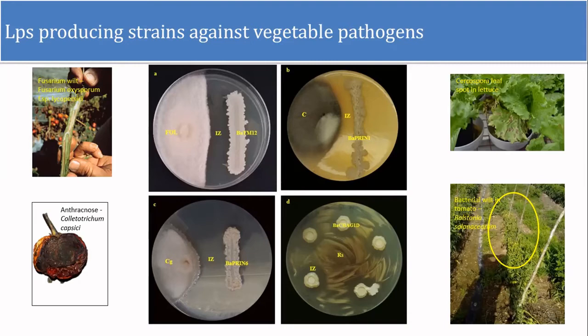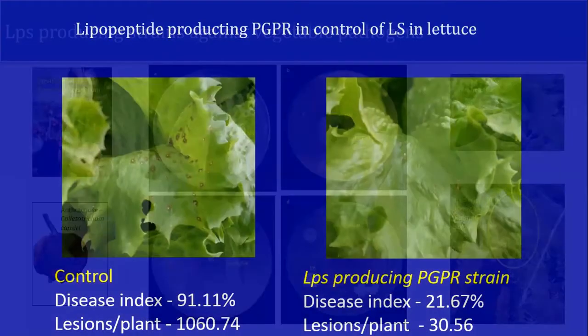Here you could see a clear zone as well as high antagonistic activity against these strains. But when we tried the non-producers, we haven't seen any inhibition activity, and it indicates clearly that these lipopeptide genes have some potential to suppress the growth of the pathogens, and we are on the right track to identify the elite strains.